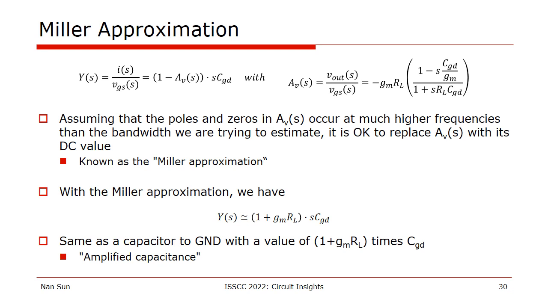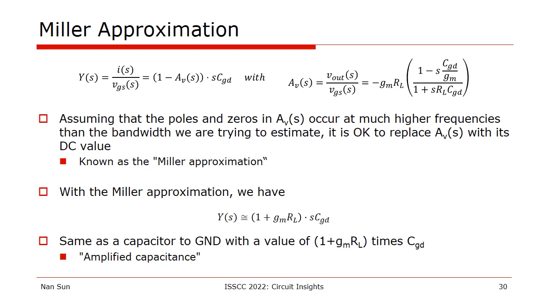So if you replace AV of s with its DC gain value, which is gm times RL, then the admittance is now 1 plus gm RL times s CGD. And this is actually the same as a capacitor to ground with the value of 1 plus gm RL times CGD.